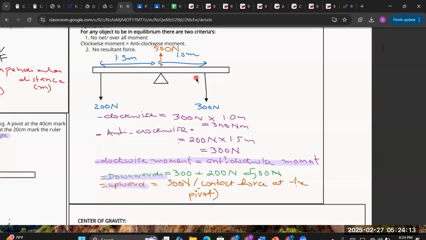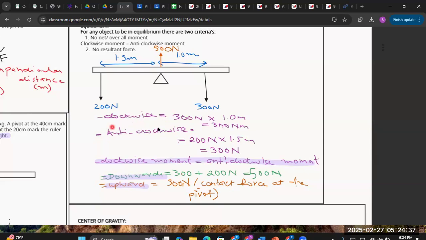Do you think that the system is in equilibrium? Yes or no? I think it's not in equilibrium, right?